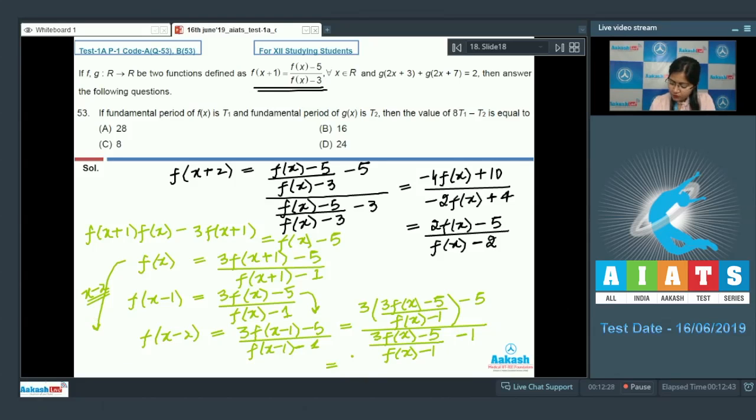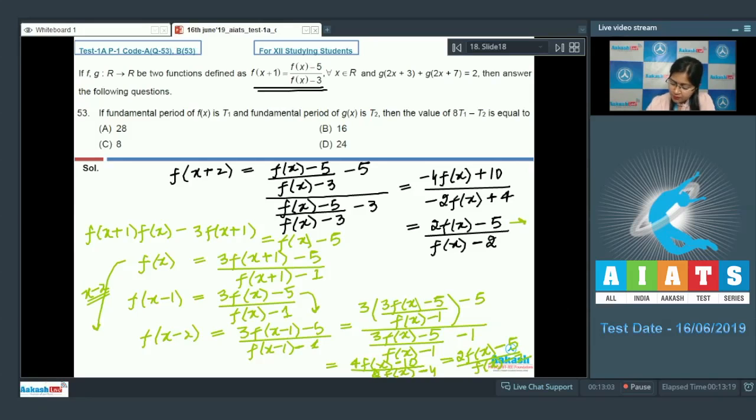Multiplying in the numerator and denominator by f(x) - 1, we get 9 - 5, that is 4f(x), -15 + 5, that is -10, divided by 3 - 1, that is 2f(x), -5 + 1, that is -4. So this is equal to 2 times (f(x) - 5)/(f(x) - 2).